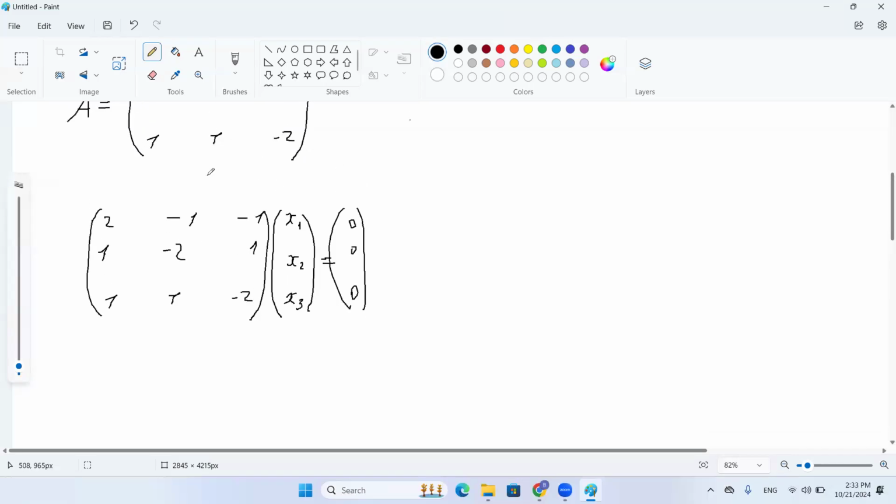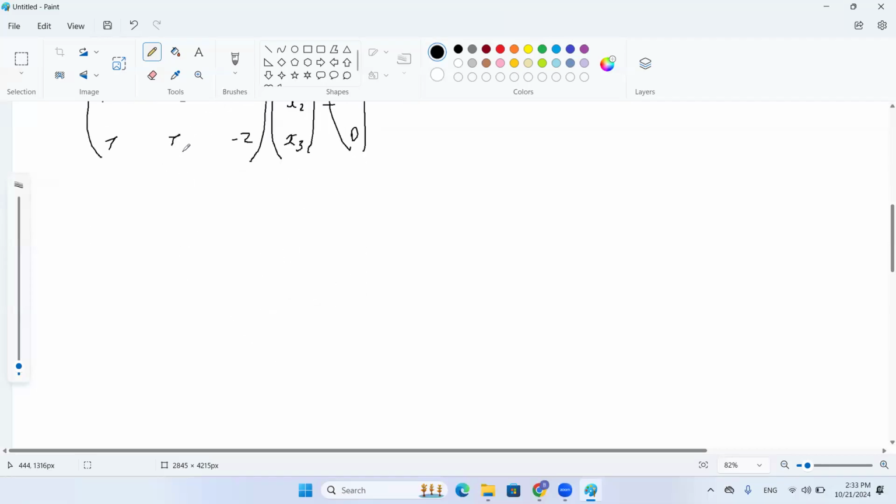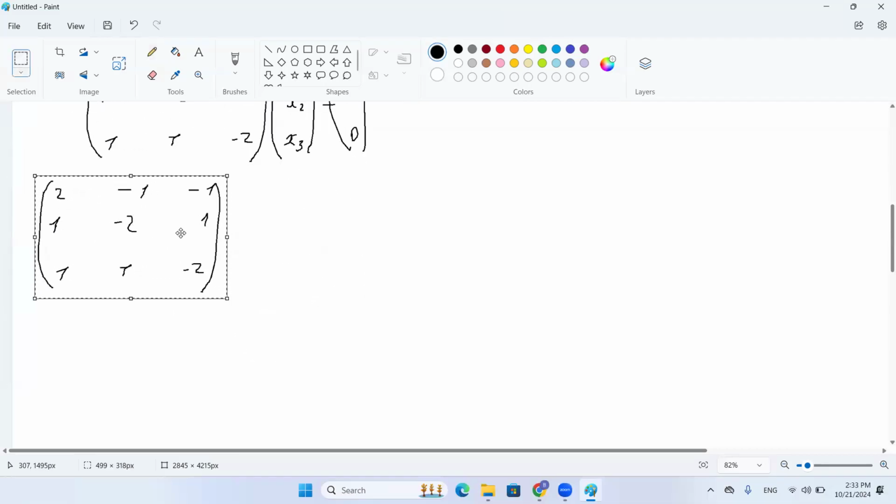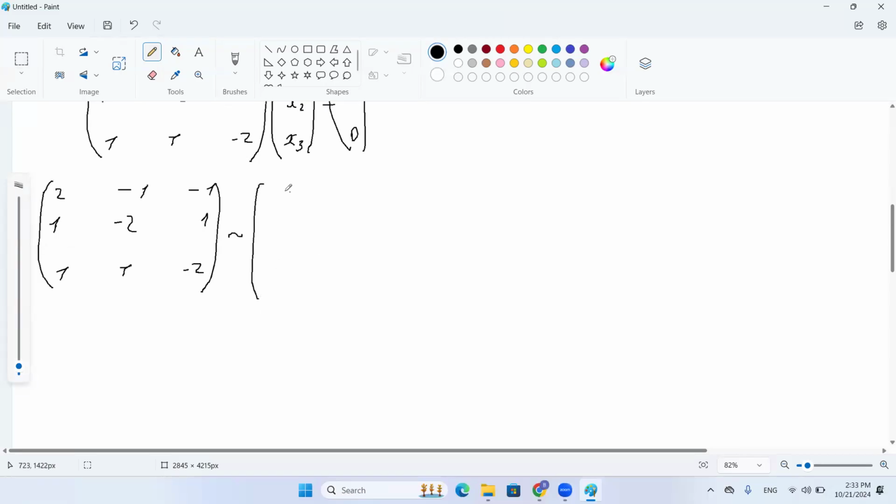So let's start with our favorite Gaussian method and check. I will move the first row 1, 1, 2 at the top. So let's swap rows.